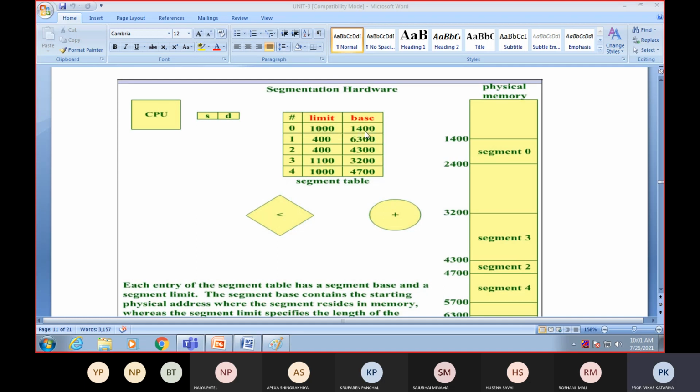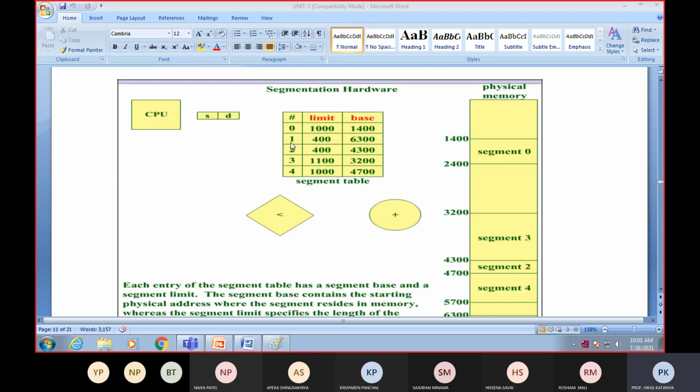So it will start from 1400, go on for 1000 lines and close. 1400 plus 1000 means 2400. So segment 0 starts from 1400 and closes at 2400.